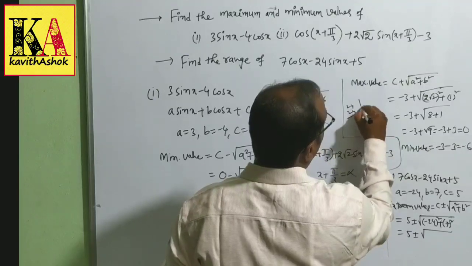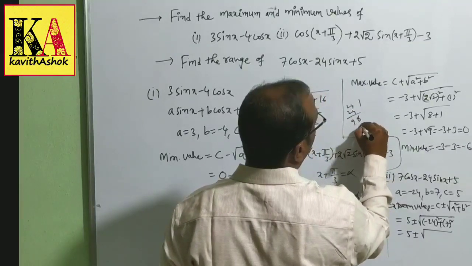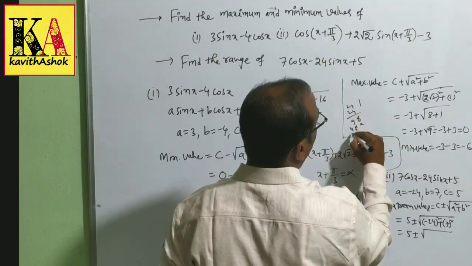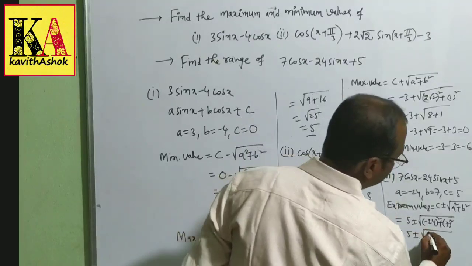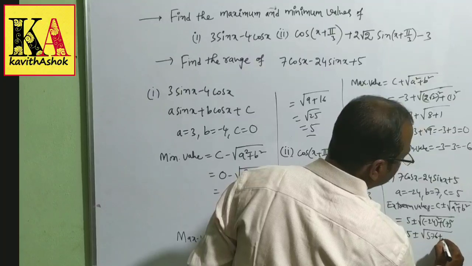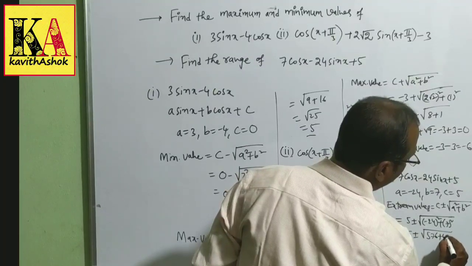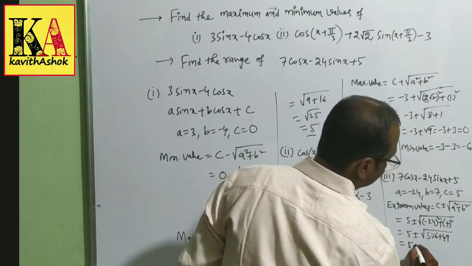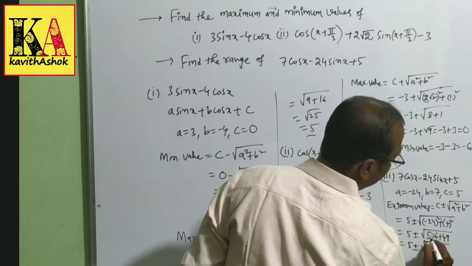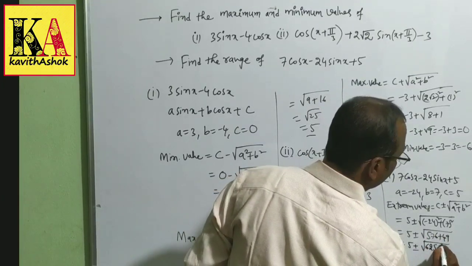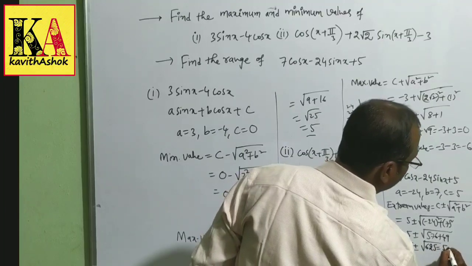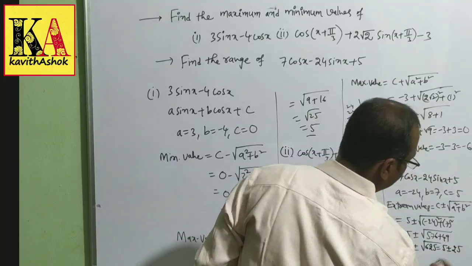Look at here now. 4 4s are 16, 4 2s are 8, 9, 2 4s are 8, 2 2s are 4, 6, 7. So 576 plus 7 square is 49. 5 plus or minus under root of 576 plus 49 is 625, which is nothing but 5 plus or minus 25.